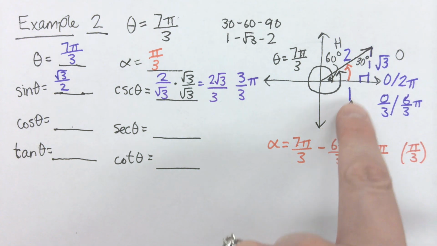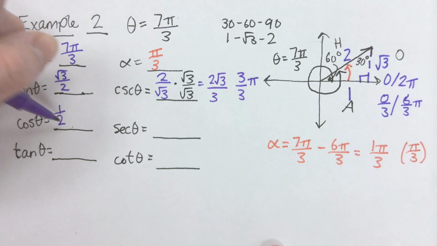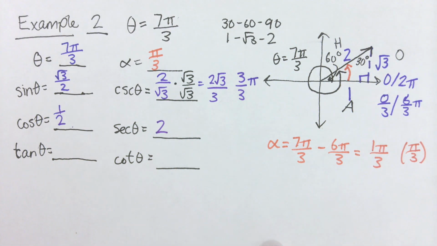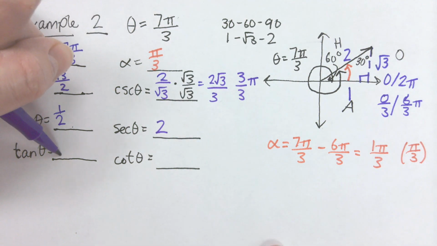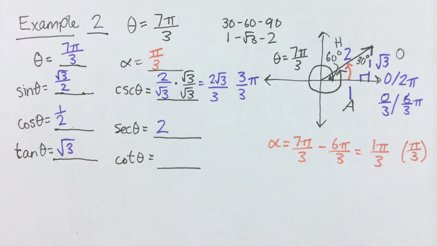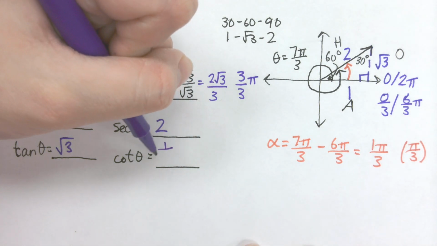Cosine, A over H, 1 over 2, that's a half. And secant we flip to get 2. Tangent, O over A. So that's just rad 3. Rad 3 over 1. Cotangent, flip it. That's 1 over rad 3.